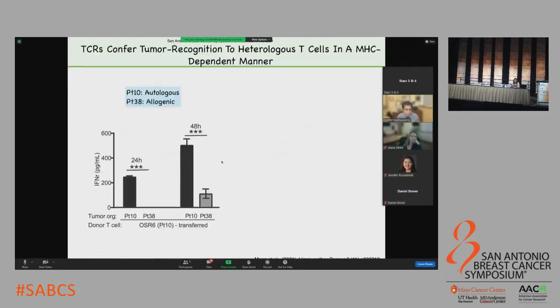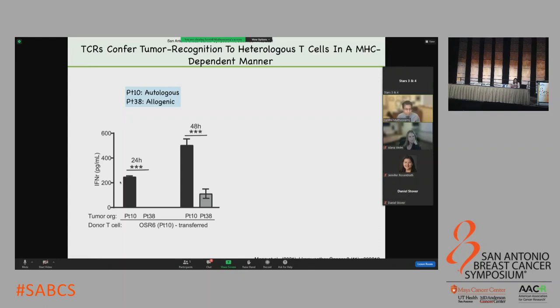It turns out that if you take a patient 10 derived OPT cell TCR and co-culture it with either patient 10 organoids or patient 38 organoids, what you notice is that the interferon gamma response is prominent when you co-culture with autologous organoids, but it is less prominent with allogeneic organoids. And I think this weak response is probably due to the allogeneic response.